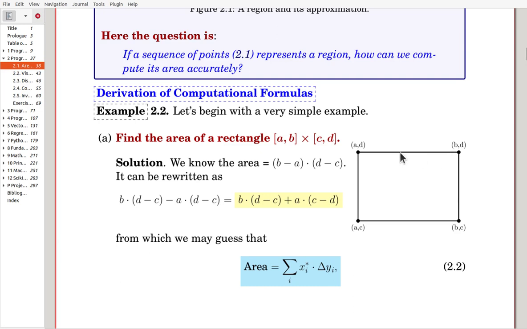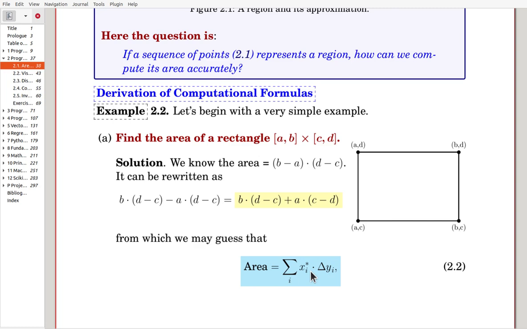And here, the center value of x is in fact a plus b over 2, the addition over 2. However, the change in y is 0, so there is no contribution. Now here, the midpoint of x is a, and the change in y is c minus d. That is exactly this formula. So we may guess this one.